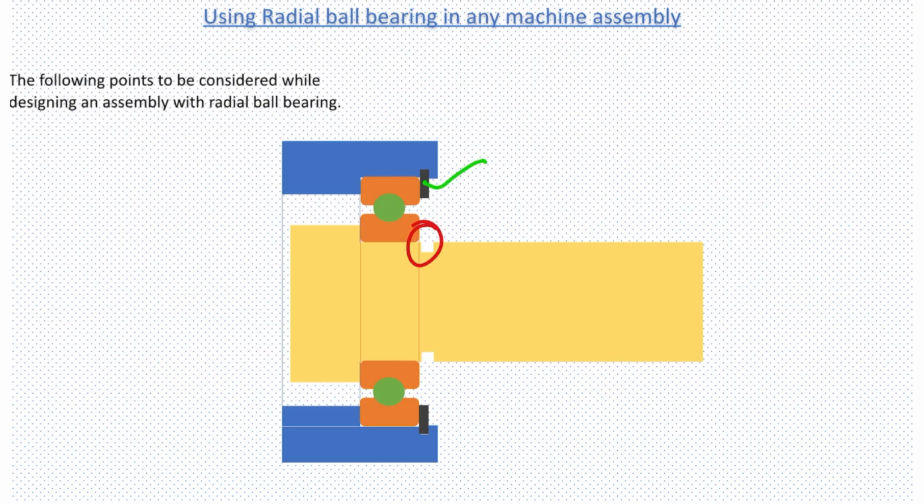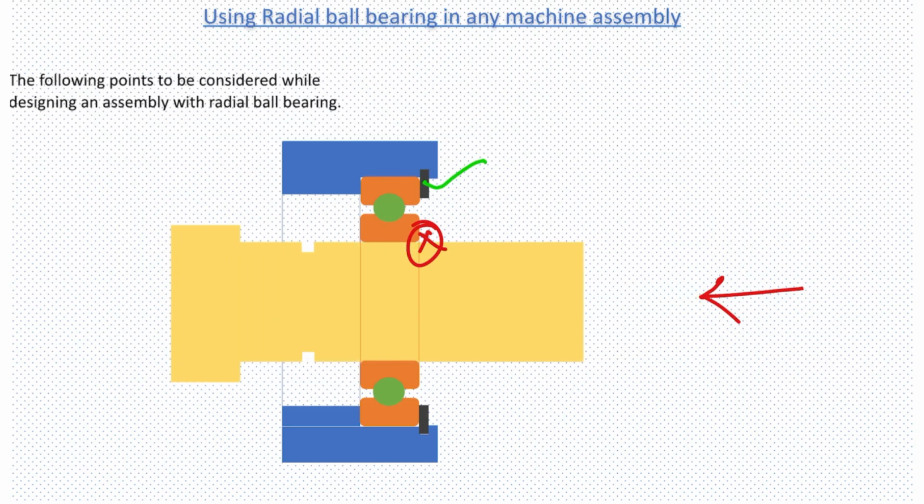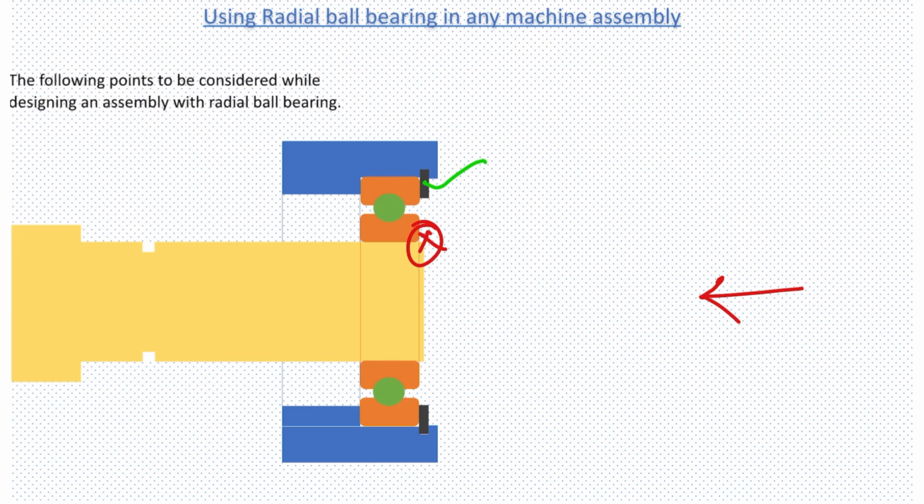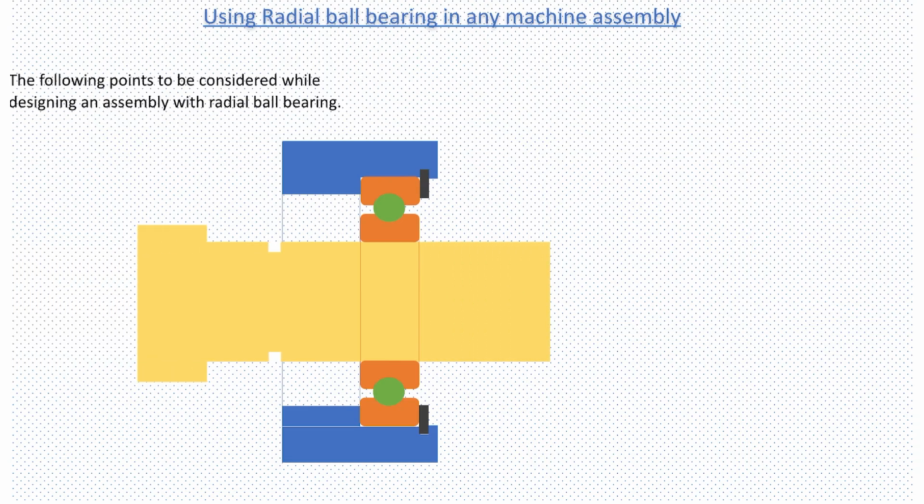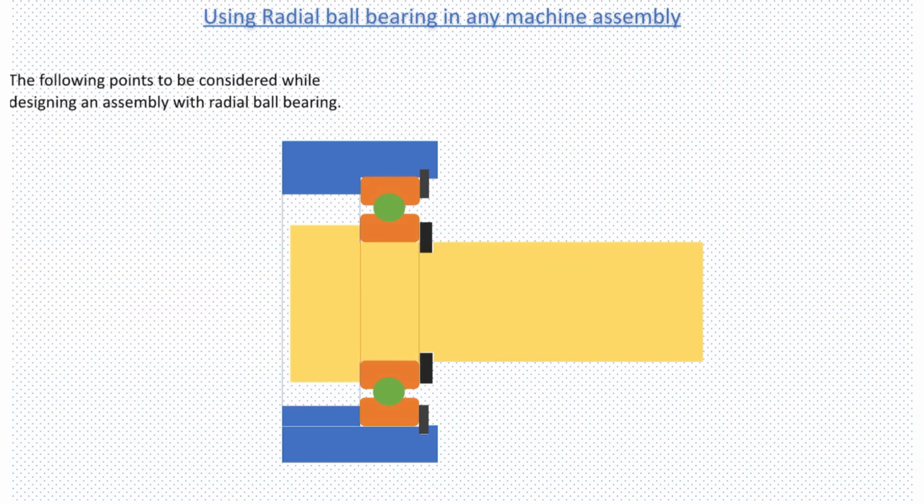Similarly, if we have not used any circlip or any other element to arrest the shaft's linear movement, with a gentle axial push our shaft might come out. So to avoid this, we should always ensure in our assembly or during design itself that we consider this kind of stoppers. They need not be circlips all the time, but there are many other ways to restrict its movement.